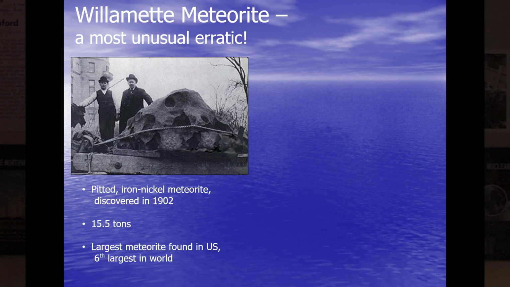It's an iron-nickel meteorite, discovered in 1902, 15.5 tons. It's the largest meteorite found in the US. And it's presently in a museum in New York. I can't remember the name of the museum, but it's one of the big museums in New York where it's stored, and you can actually see it there.